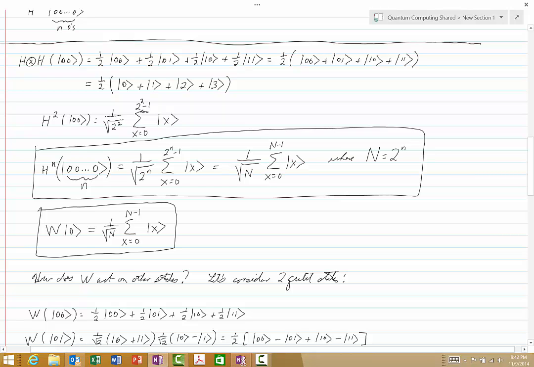That's 1 over the square root of capital N, and remember, capital N is 2 to the nth power. So it's 1 over the square root of 2 to the n times the summation of x equals 0 to N minus 1 of |x>. Remember, we're using this notation where each one of these is an n qubit state, and what this summation really means is just a summation over all 2 to the n elements in the standard basis. So this is what we need for C1 here in our present lecture.